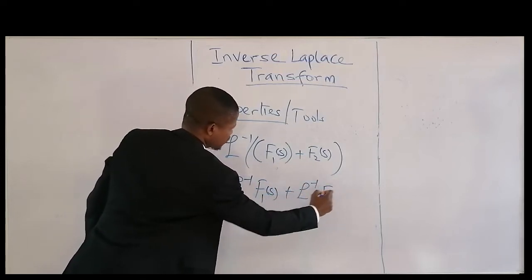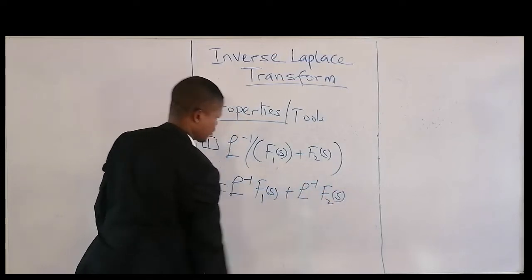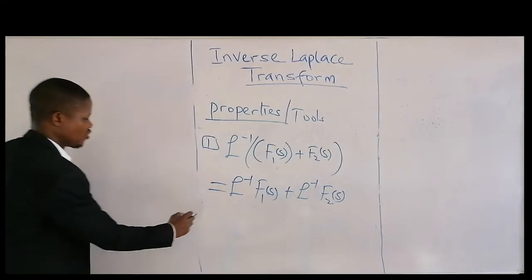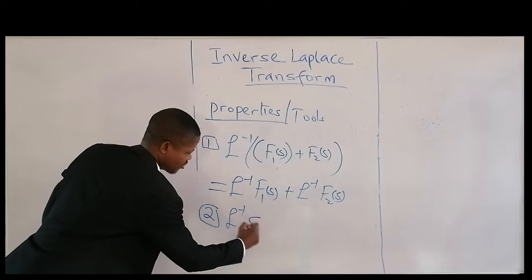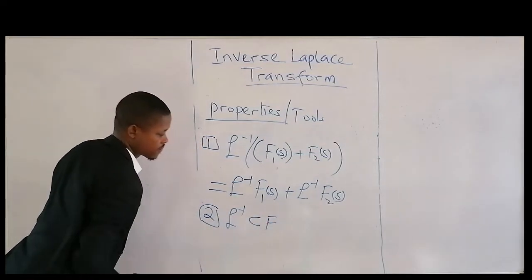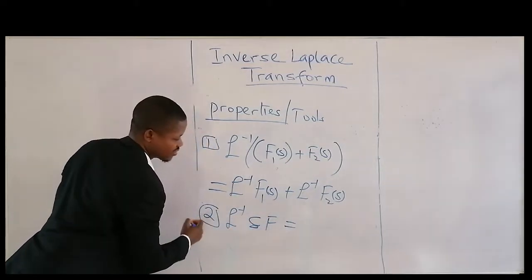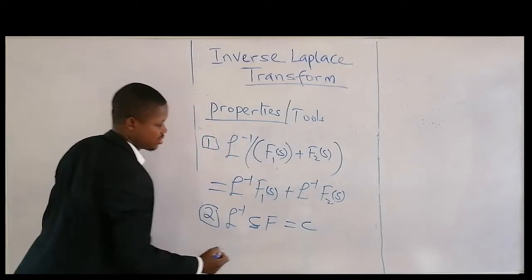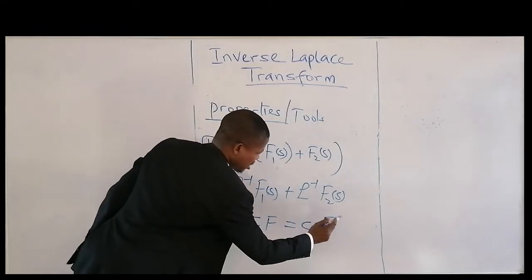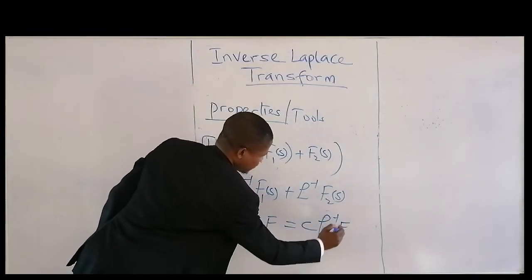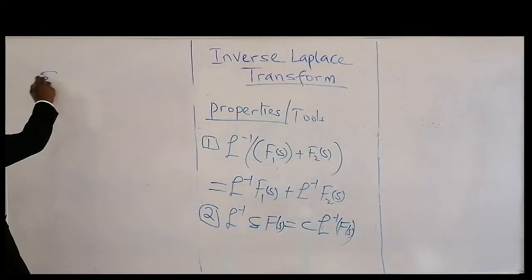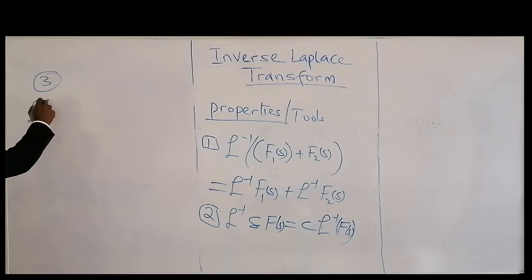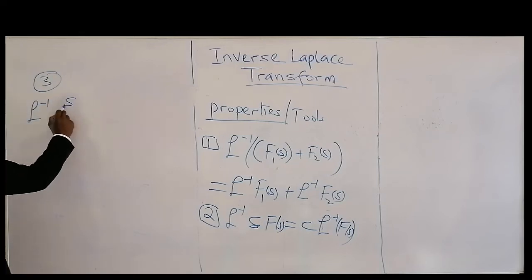The second one, when you have the inverse Laplace of a constant times your function, the c will come outside, and that will be c times the inverse Laplace of your function.